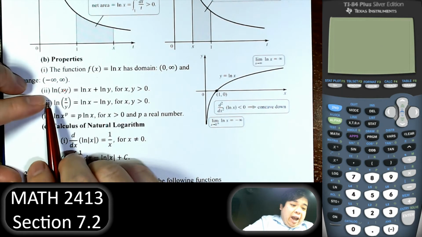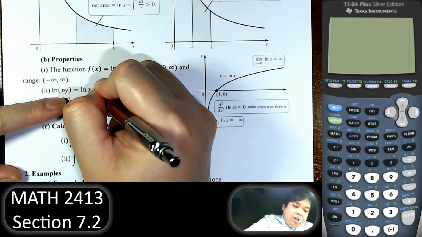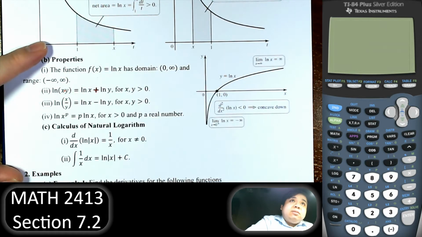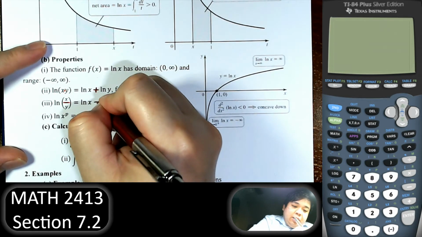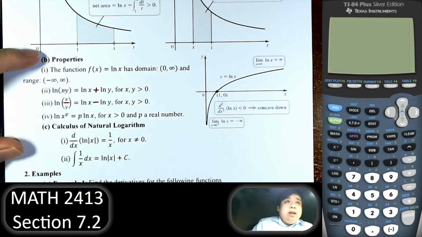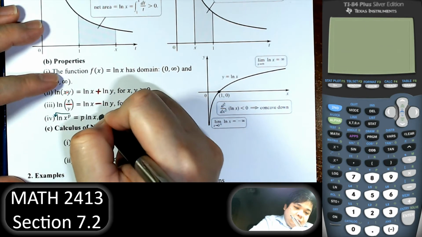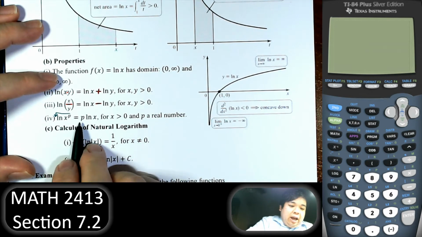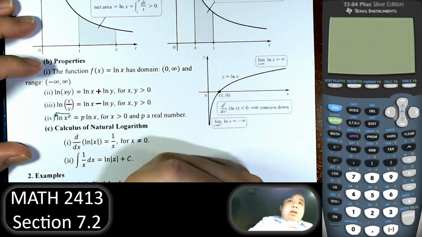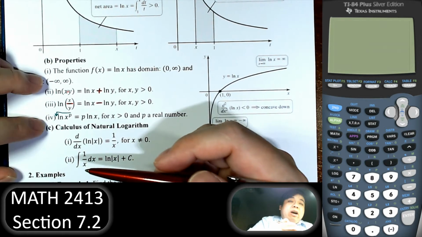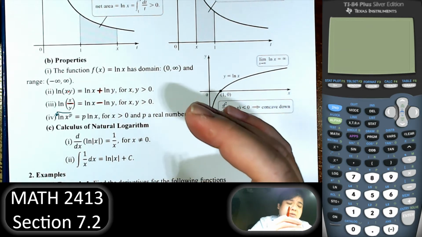We see the ln of a product, we can turn that into a sum; ln of a quotient, turn that into a difference. And if we have a power, we can always take the power outside as a coefficient. These three properties of the natural log are very helpful when we take derivatives. It will save us a lot of time.